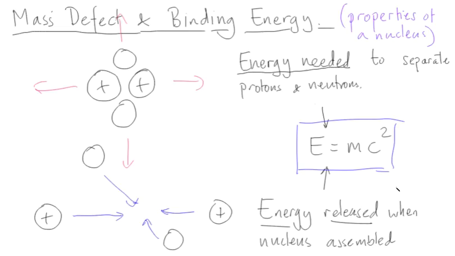The mass has been converted into energy. No, other way around. The mass of the protons and the neutrons separately is more than the mass of the nucleus. And that's what's called mass defect.